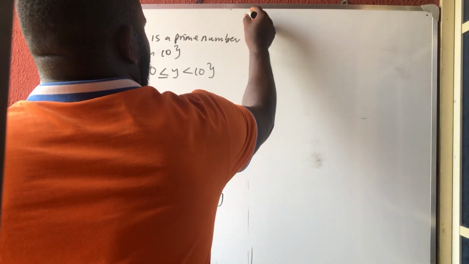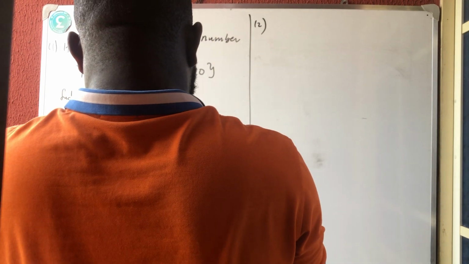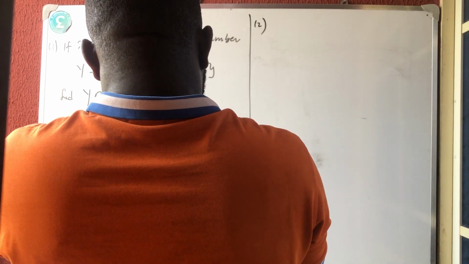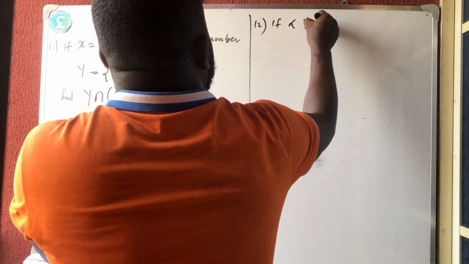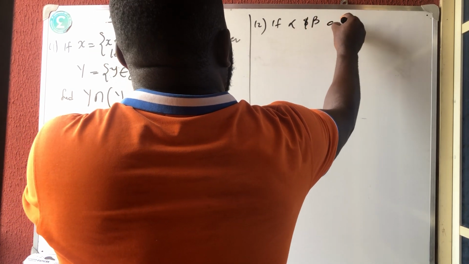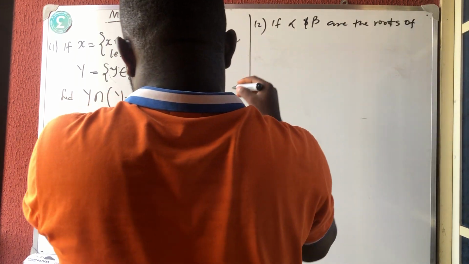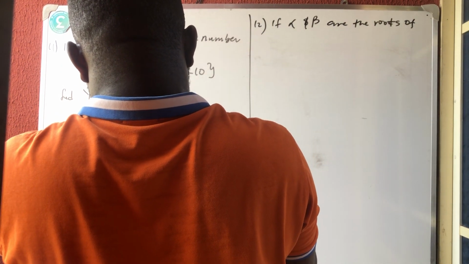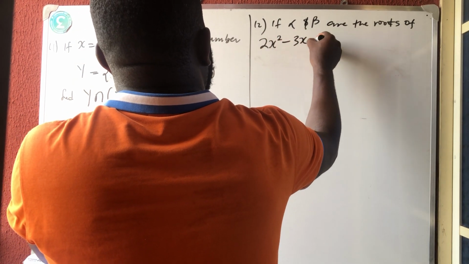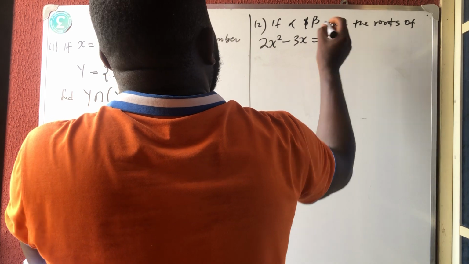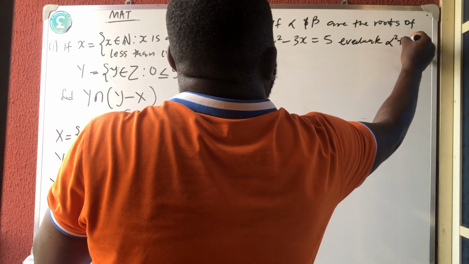So number 12. Number 12 said if alpha and beta are the roots of 2x squared minus 3x is equal to 5, then evaluate alpha squared plus beta squared.